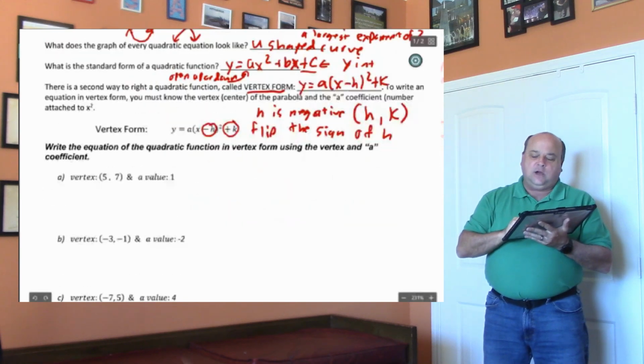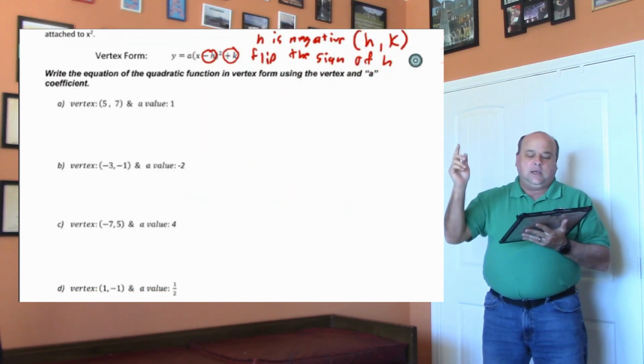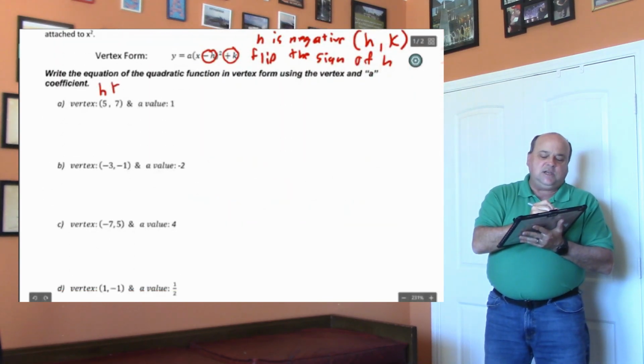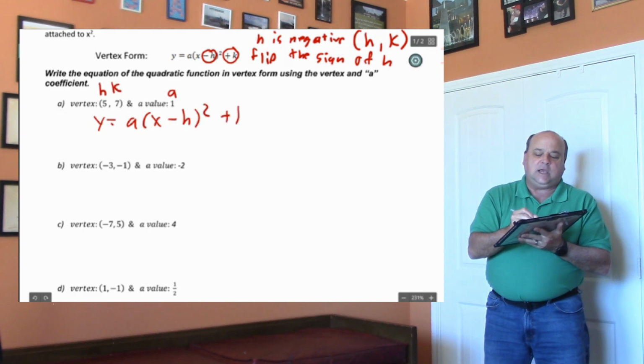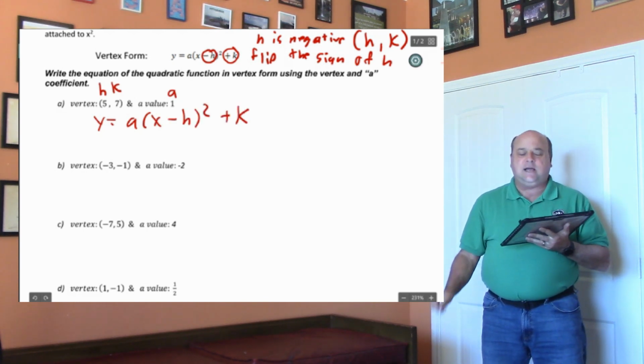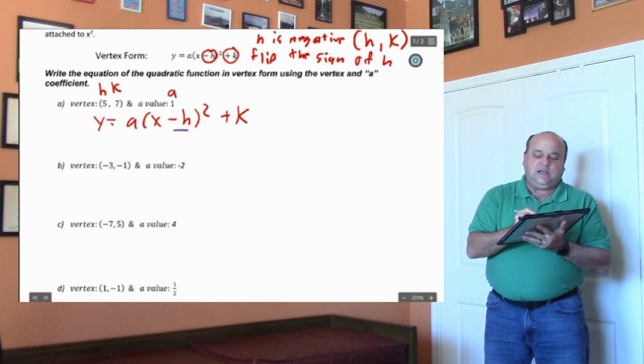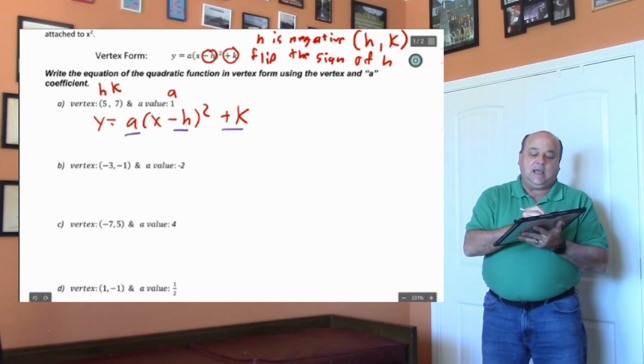Okay, so let's go to here. This is not hard at all. Your vertex is h and k, and your a value is 1. Now then write down y equals a parentheses x minus h squared plus k. Write that down every single time. You're going to replace the h and the k and the a.